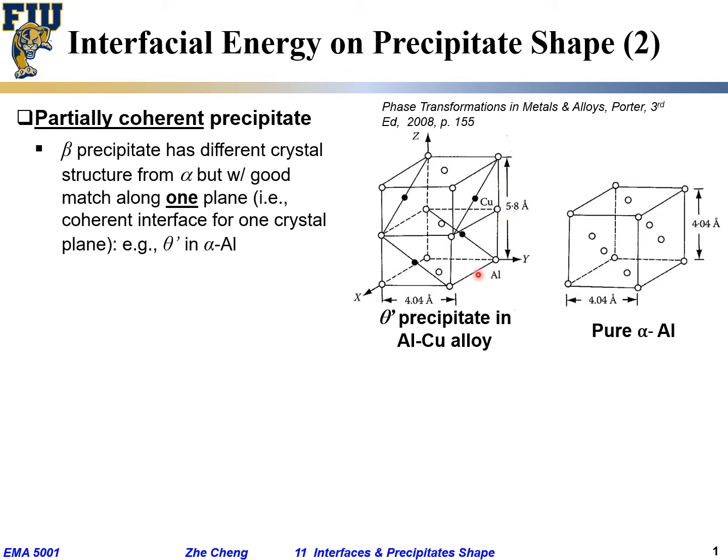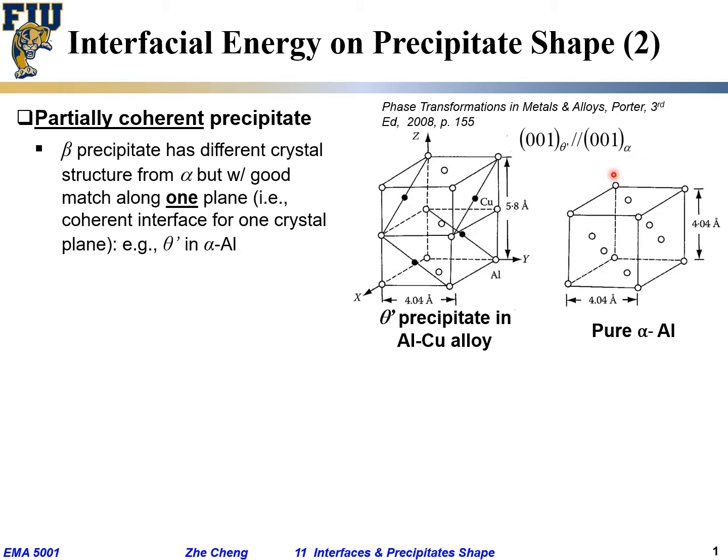But at least at the base plane, you see for both of them, the 001 plane for the theta prime would be parallel, and actually you can arrange it exactly the same as 001 for the alpha aluminum. Make sense?